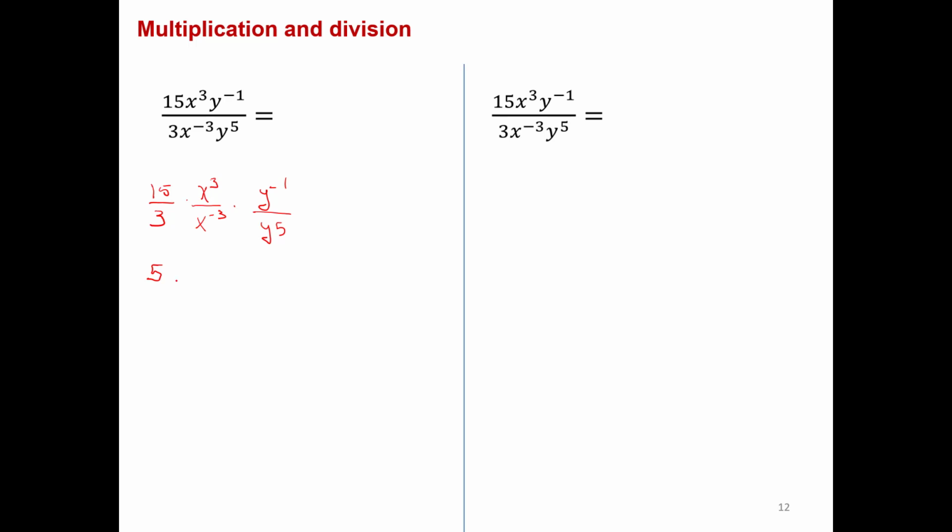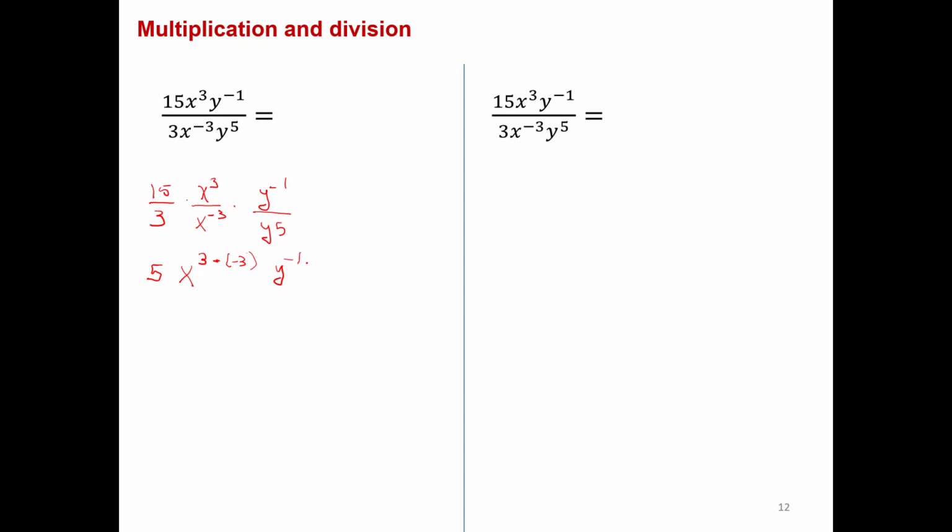Here we have the same base. Remember, it is the top exponent minus the bottom exponent. Then it will be 3, and we have to be careful because this is negative. 3 minus negative 3. Then we have a double negative here. Yes, we have to be careful with that.